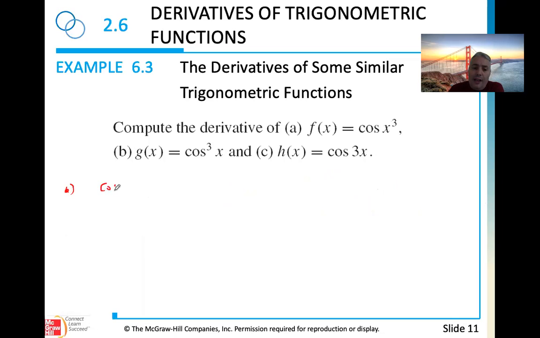So cosine x cubed, be careful. The derivative of cosine x cubed is now the derivative of x cubed times, tell me, what should I say?